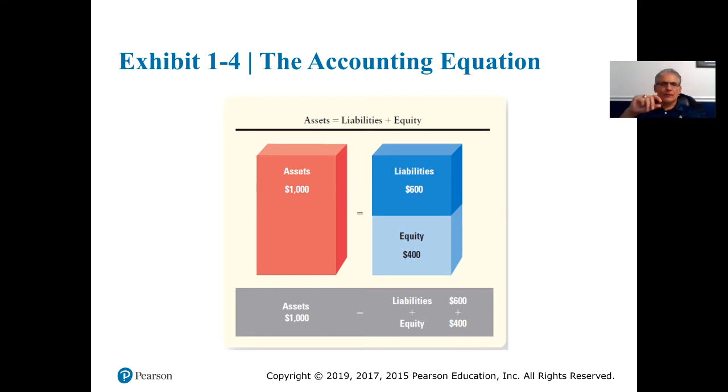Now be careful with the future value concept, because for businesses, future value really means that it will help a company generate future revenues. So the definition of an asset is a company resource that has future value, and future value is defined by the ability to generate future revenues.